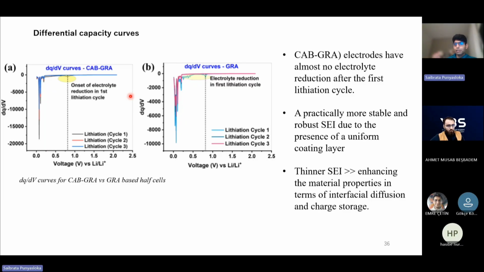One of the reasons we put in our paper is that when we coat it, dissolution at the surface is easier. And once the SEI forms on top of a boron-based interface, it is much more stable, so not much electrolyte reduction is taking place. But with graphite, the SEI is not very stable, and so continuous degradation is taking place. So that was about it.